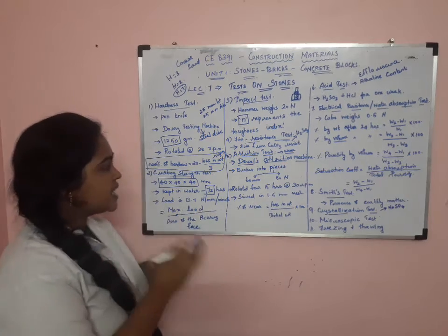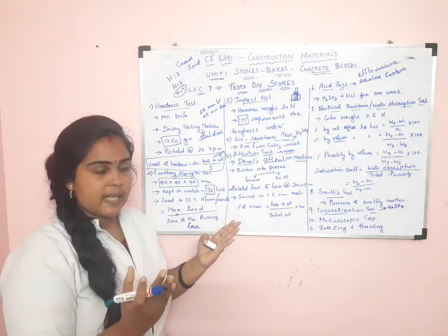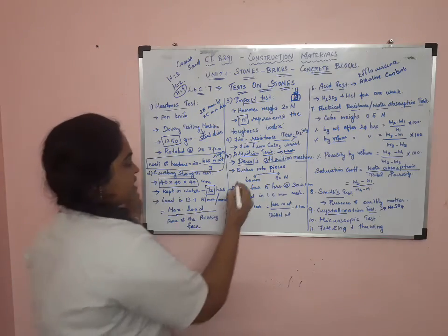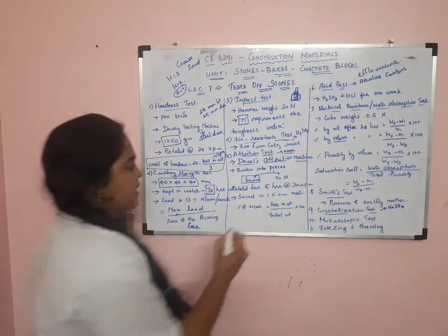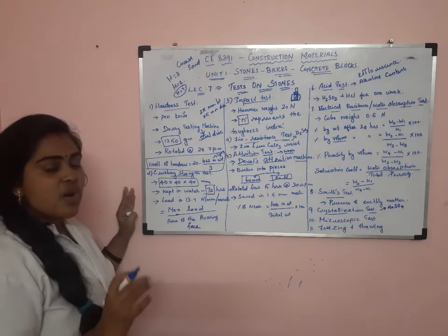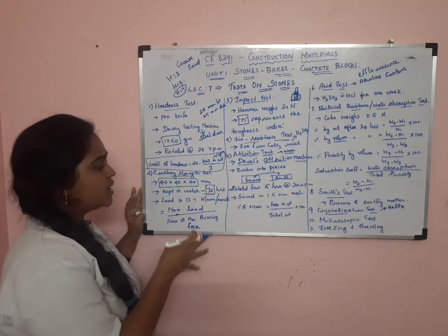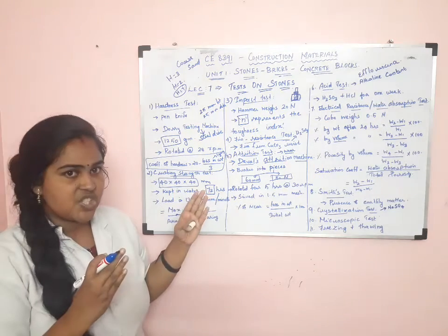For doing this test, the stones are broken into pieces of size 60 mm, and the weight of these pieces is 50 Newton. The weight of these pieces is noted and they are placed in the cylinders of the adhesion testing machine.